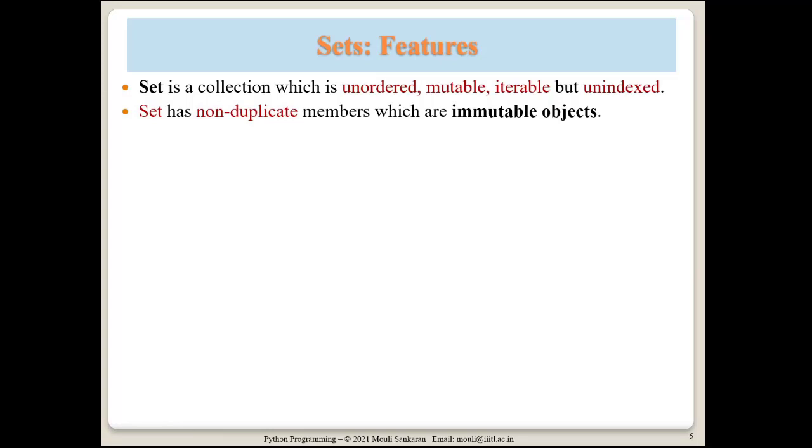So set has non-duplicate members which are immutable objects. One more important thing about set is you cannot have a duplicate element. It doesn't allow duplicate elements, and it doesn't maintain any order, but it makes sure that there is no duplicate maintained within the set. Now the question is, how does it do this?